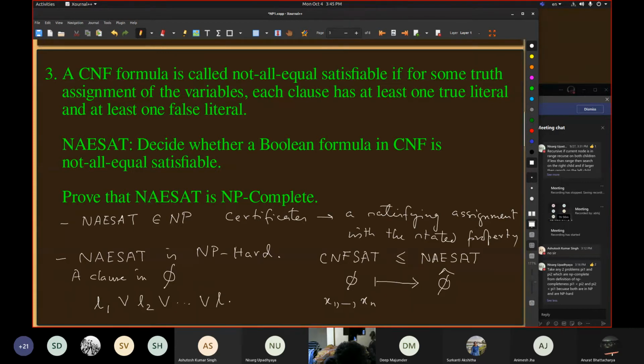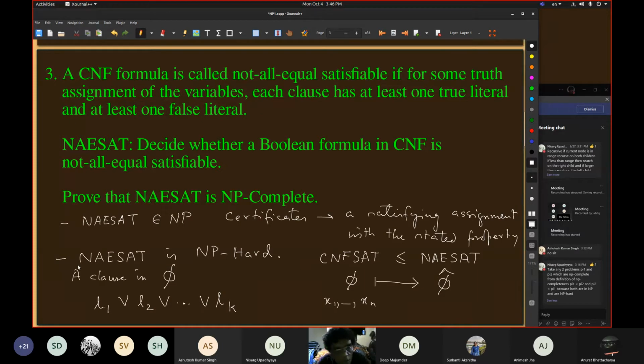Let's say this clause contains k literals. You can also reduce from 3 CNF SAT, in which case k is 3. Anyway, it doesn't matter. But each li is either a variable or its complement.